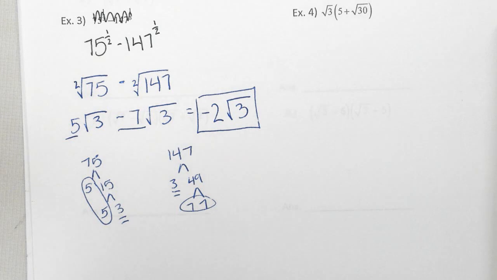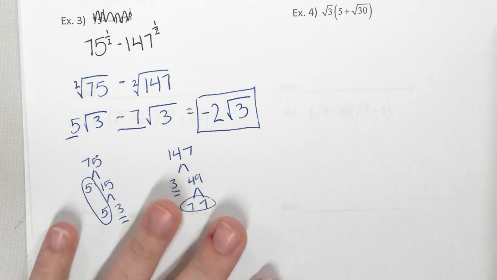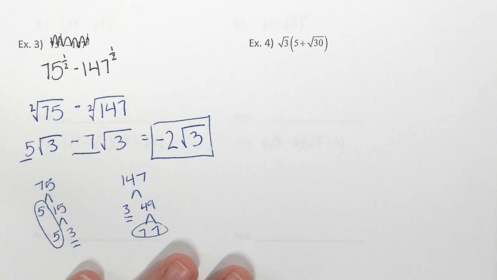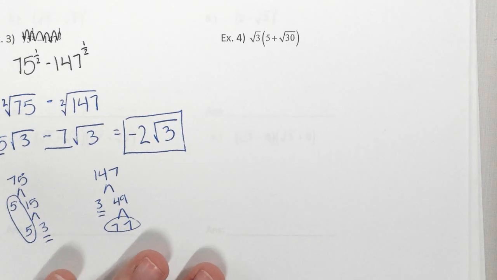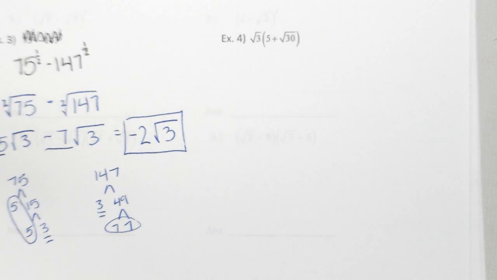Because 3 is prime, so you can't break that down. Okay, look at number 4. So what's different about number 4? Yeah, which means what?